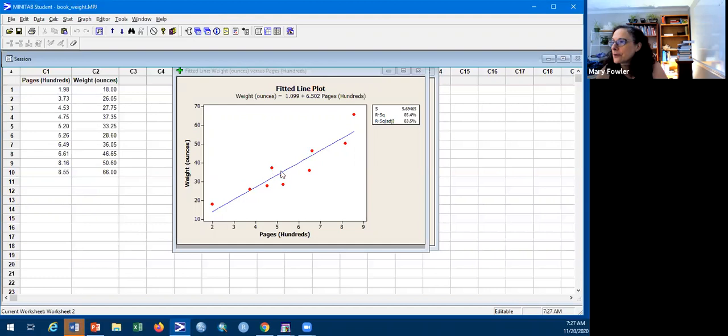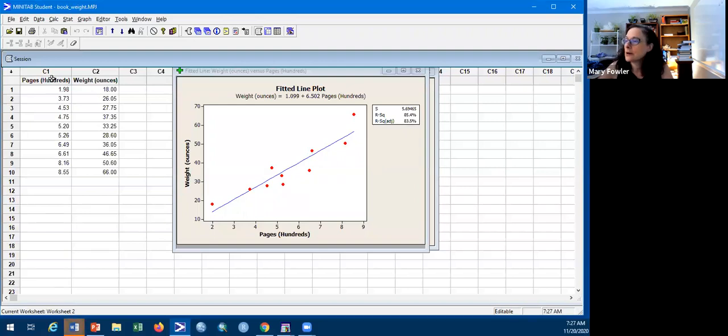So 6.49, and the actual weight of the book is 36.05, right? So if I cut straight across, I would get to 36.05. But I know that the model is predicting that the weight of the book would be up here. So let's go back to the whiteboard.